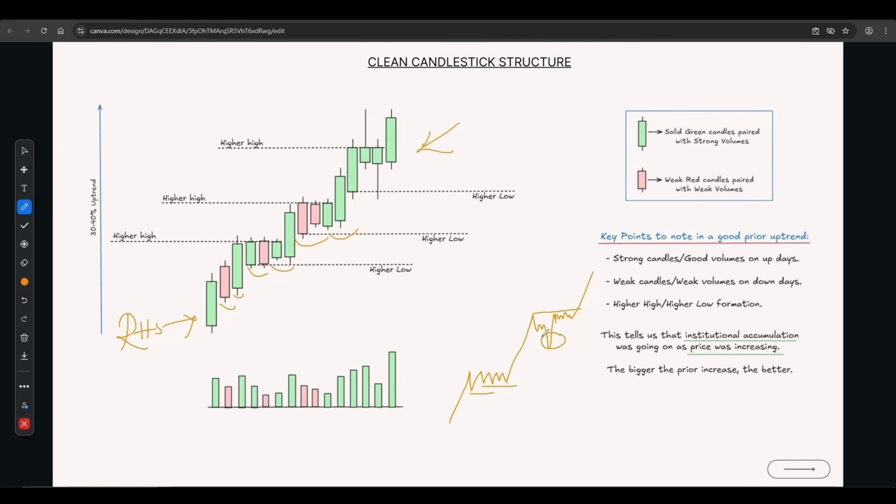This tells us that even if the selling pressure was high, the buying pressure was equally high, and the buying pressure became dominant and ultimately pushed the price higher. It should not go down and do something like this.